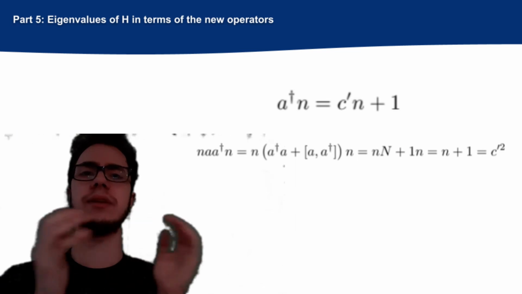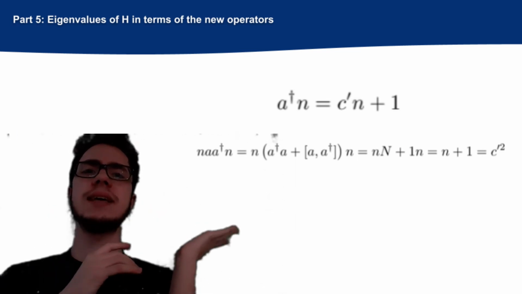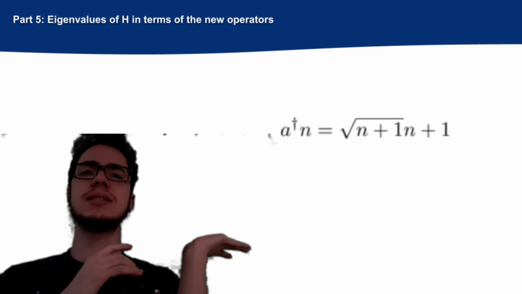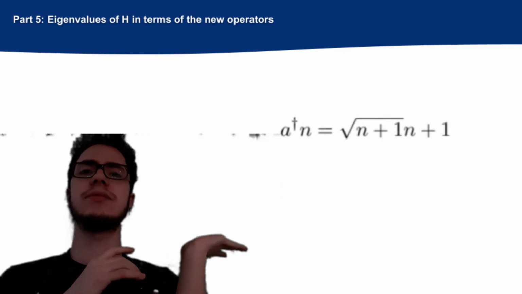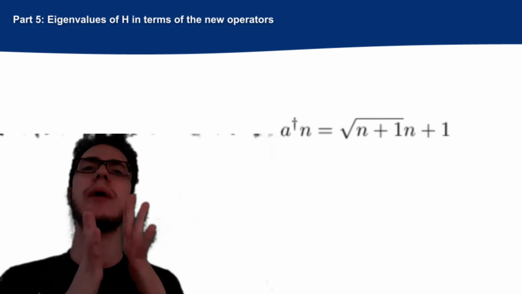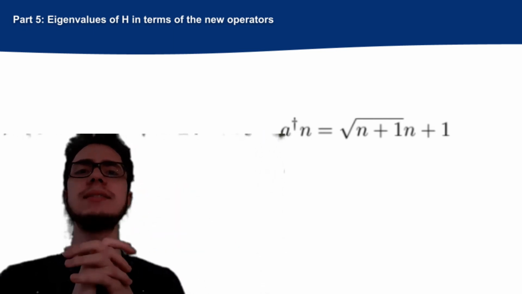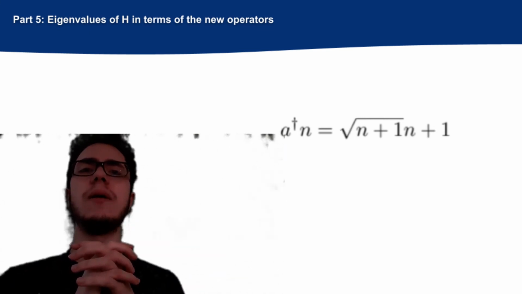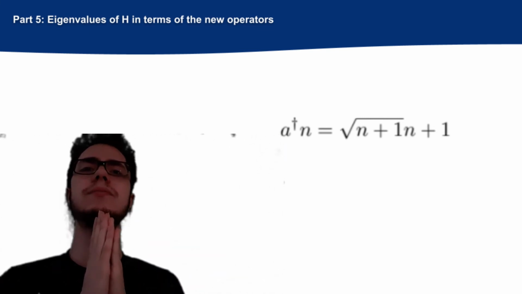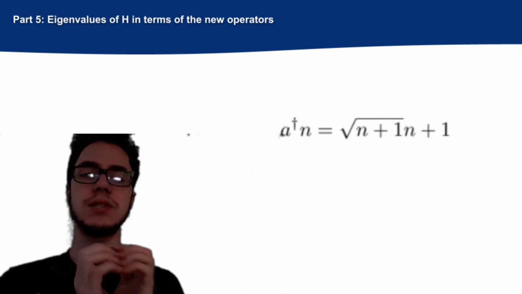And finally, in this case, we arrive at this, where we can see that in terms of n, c prime is equal to the square root of the eigenvalue n plus 1. It is important to remark in these cases that the constant belongs to the field of the positive real numbers.